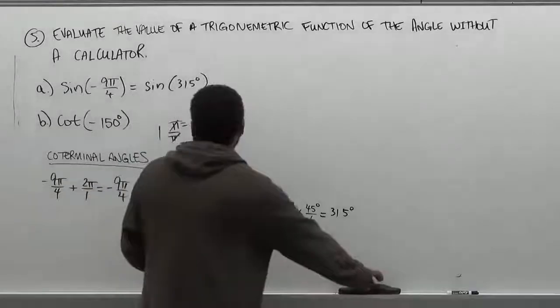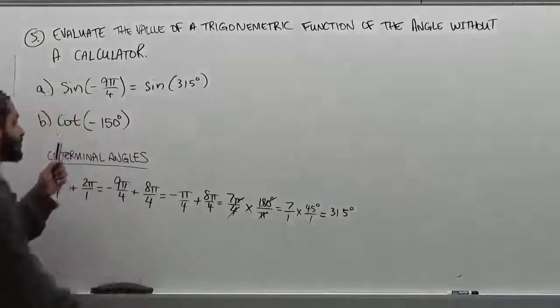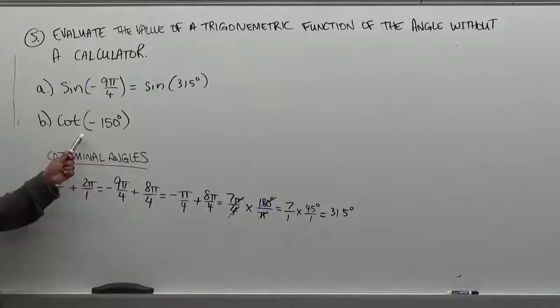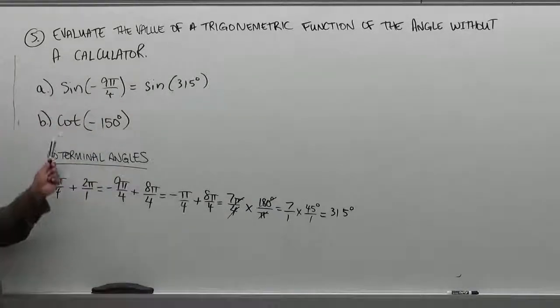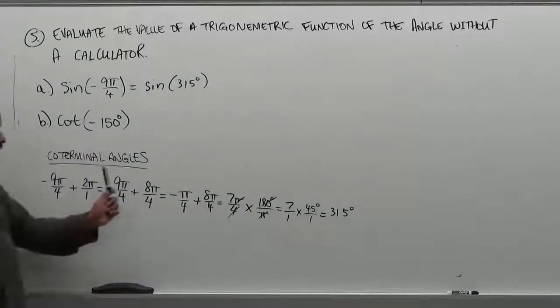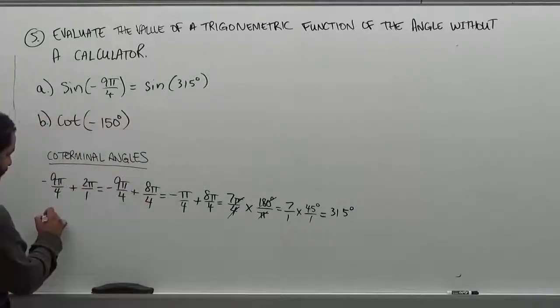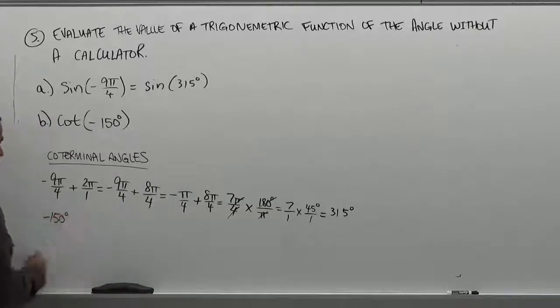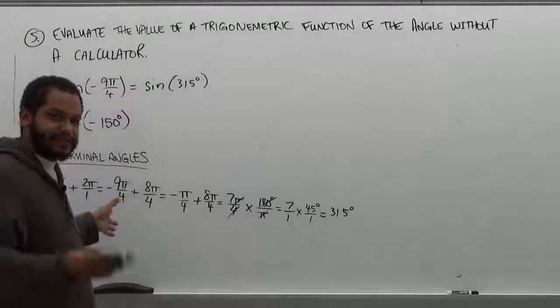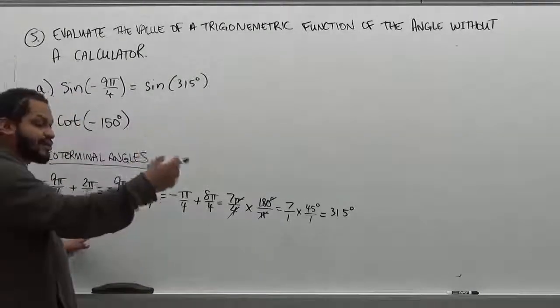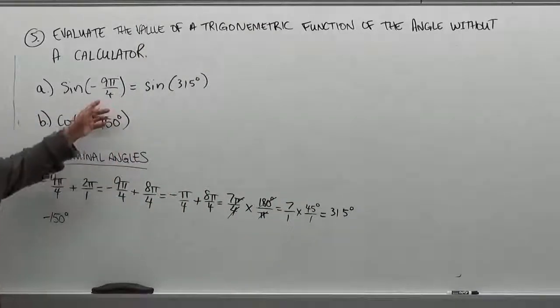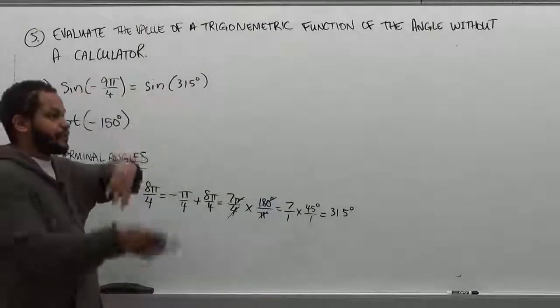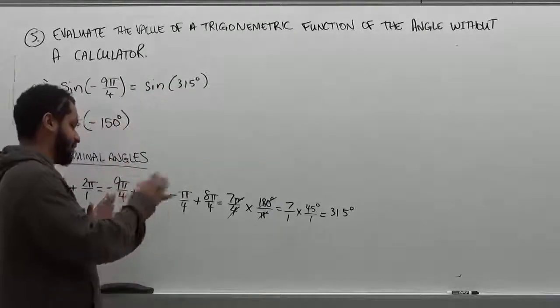What I still want to continue doing is find the coterminal angles of each angle. Since this is in degrees, finding the coterminal of this one is a little easier because you're using whole numbers. Our angle, again, is negative 150 degrees. To find the coterminal, we add 360 degrees in this case because it's negative. If this were a positive angle greater than 360, we would subtract 360. The same goes for 9 pi over 4: we would subtract 2 pi until we get an angle between 0 and 2 pi.